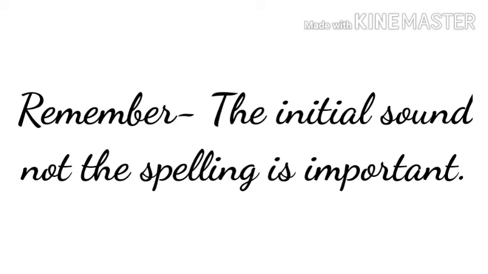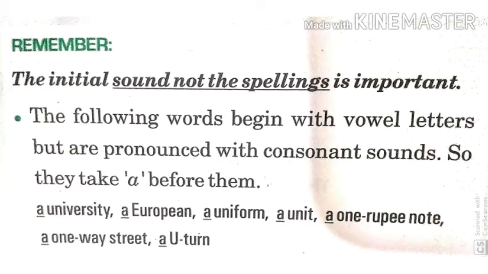Now, let me explain you how. The following words begin with vowel letters but are pronounced with a consonant sound. So, they take a before them. For example, university. Remember, it begins with the vowel letter U, but it takes a with it.